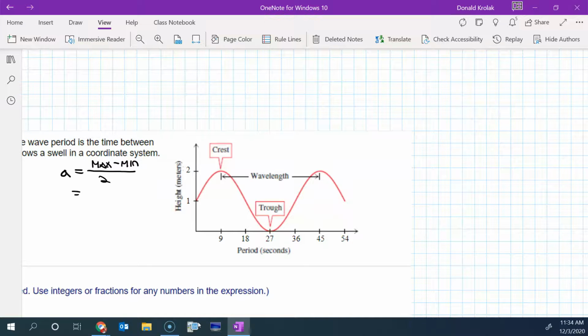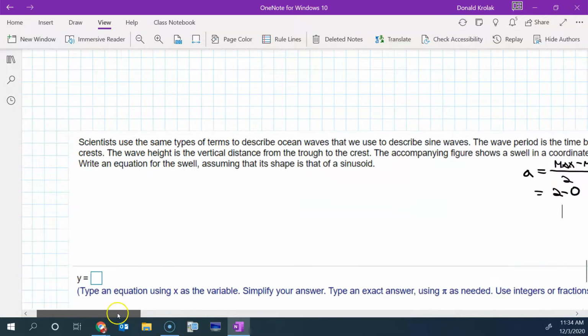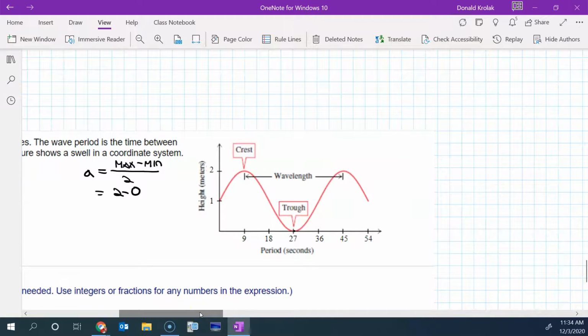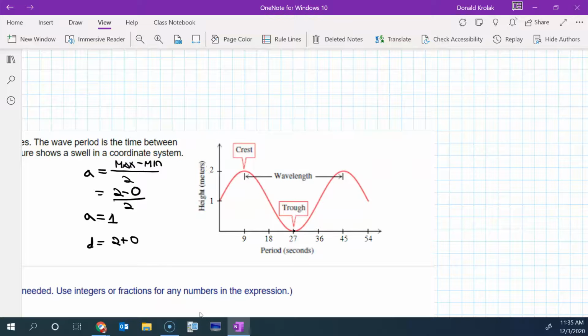So for me, my crest is 2, the trough is 0, right? And then I'm going to divide that by 2. So A is 1 for me. D, the midline, is going to be 2 plus 0 divided by 2, which is also 1.